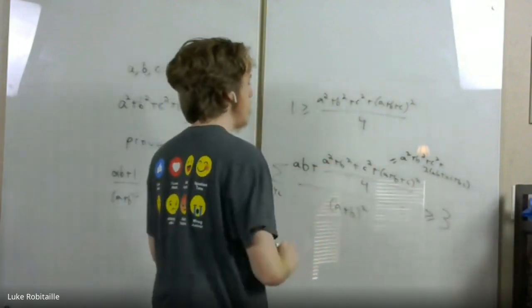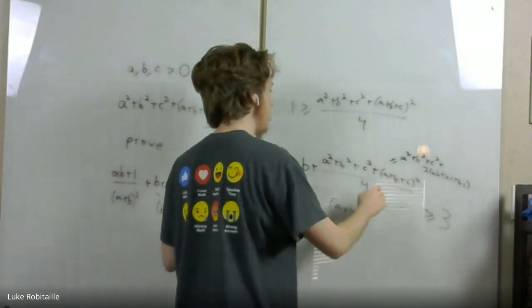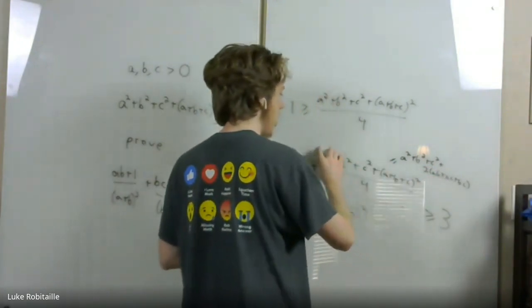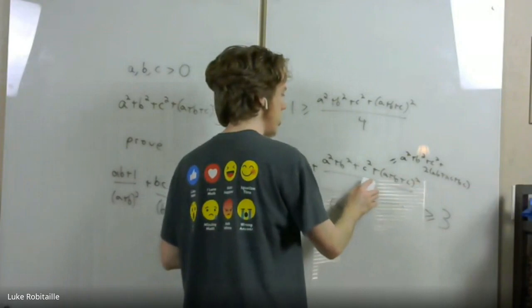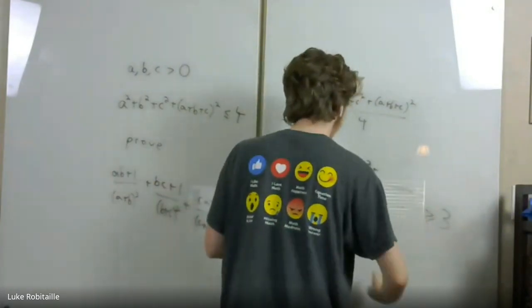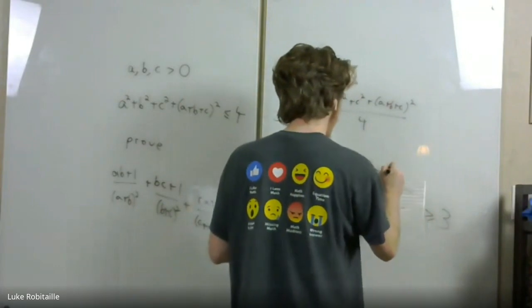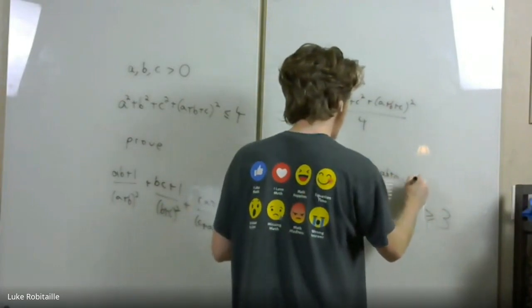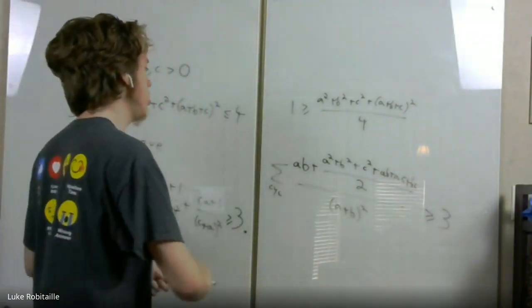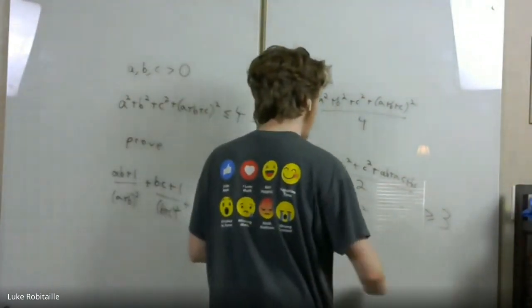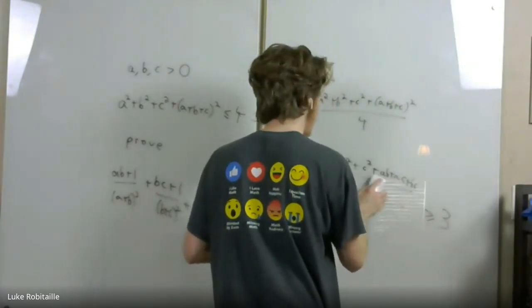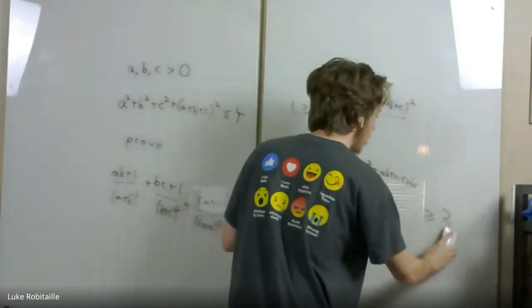So we get 2(ab plus bc plus ca) plus that other stuff. We can cancel a factor of 2, and we get that this expression is equal to this. This is just multiplying through by 2, we get this. And now we're actually almost done.